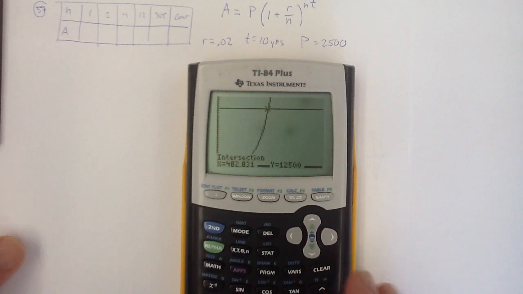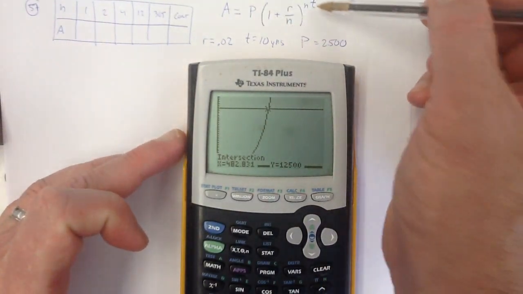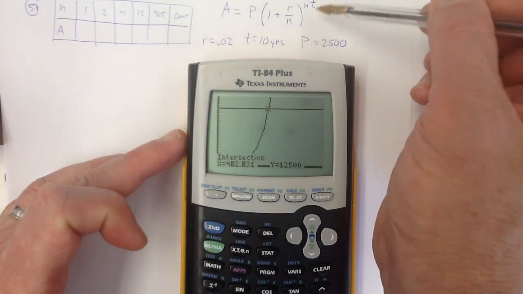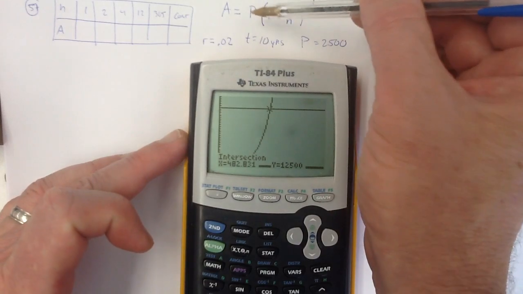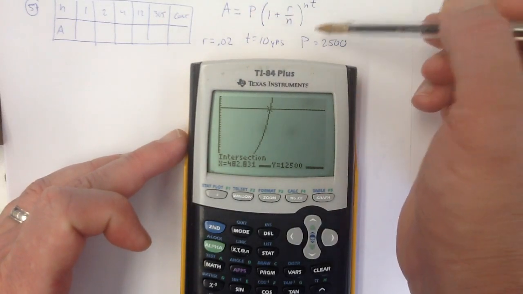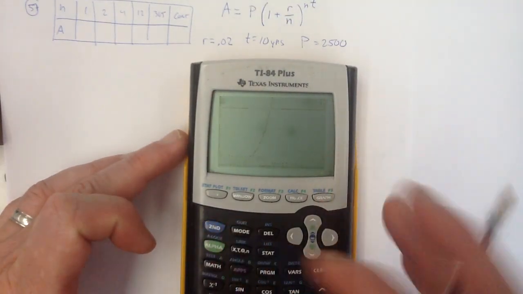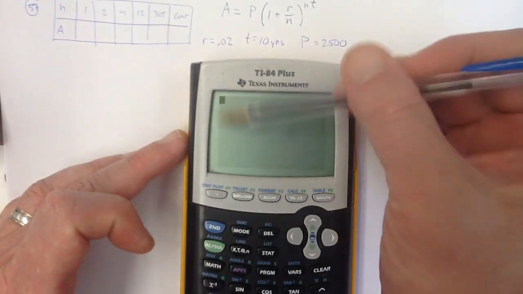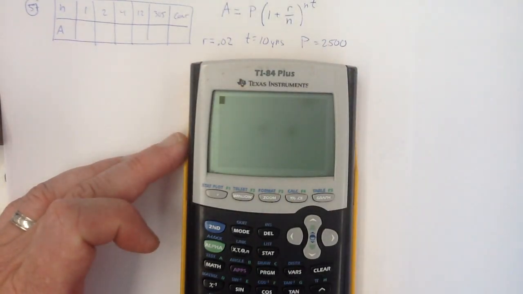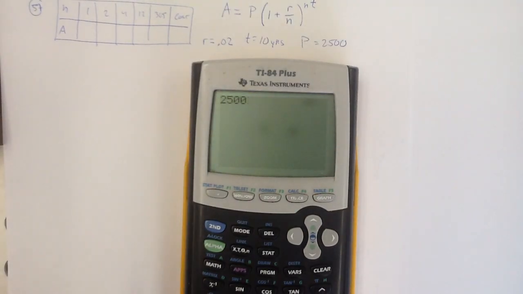Since the principal is the same for all of these, I wouldn't need to make a variable name for it, because it's just going to be $2,500 for all of these problems, 57 through 60.